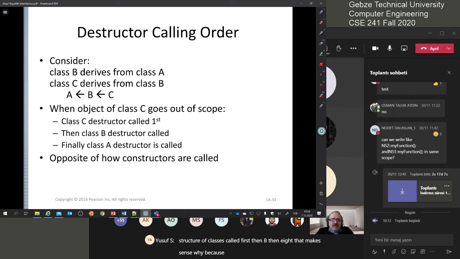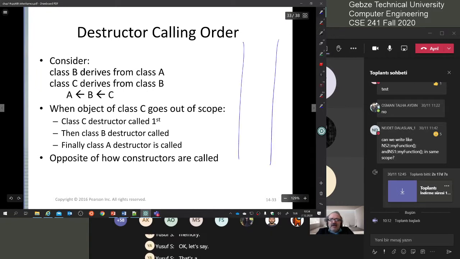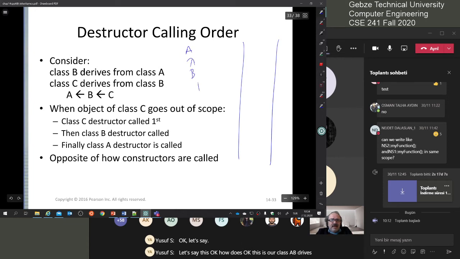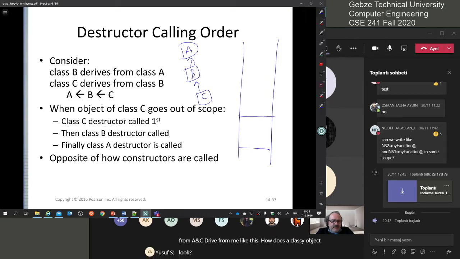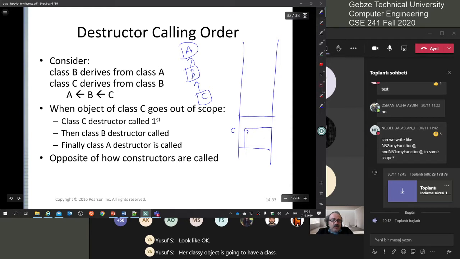Because if we think in terms of memory, this is our class A, B derives from A, and C derives from B. A class C object is going to have a class B object in it, and the B object is going to have a class A object in it.